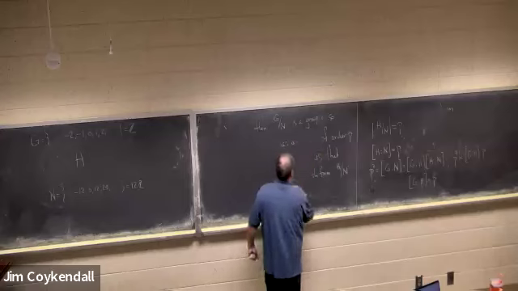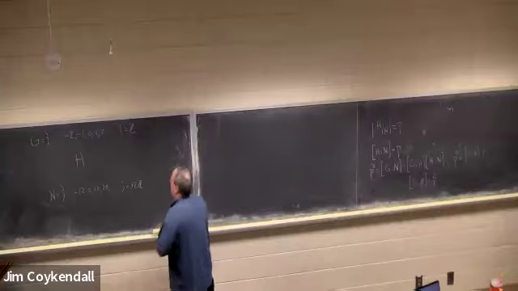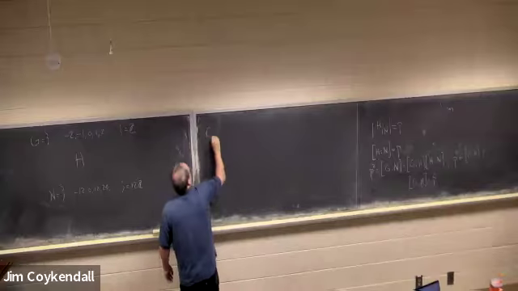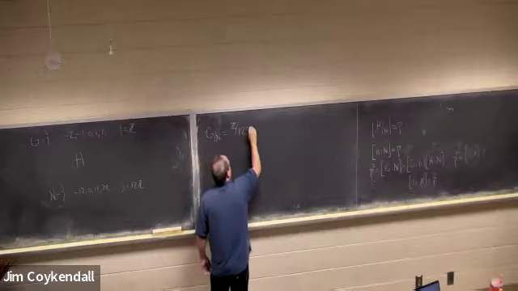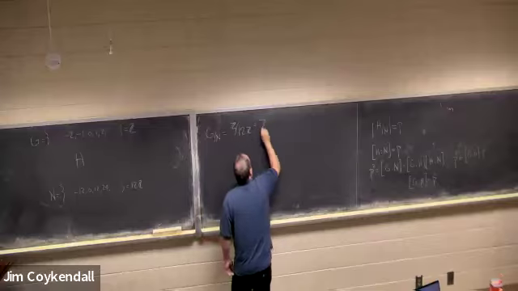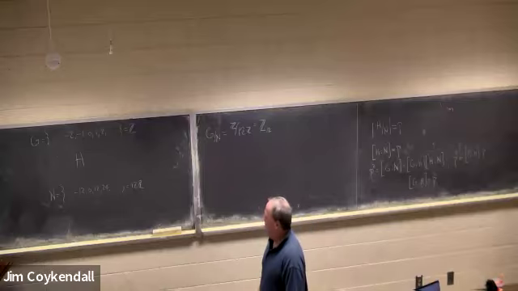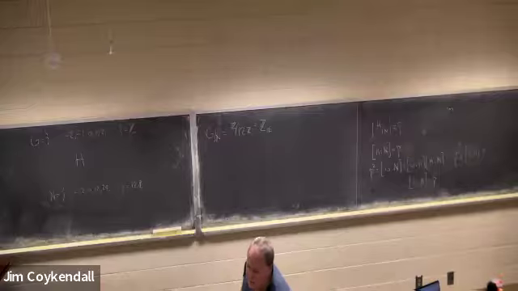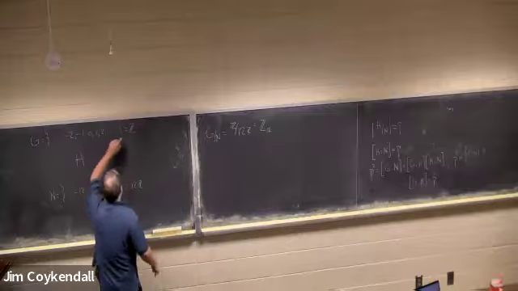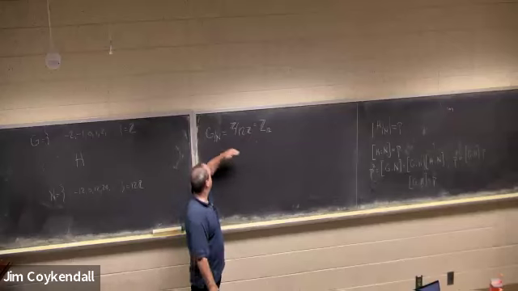Let's see if we can see how the correspondence works. H is an intermediate group, and every intermediate group you find between here and here corresponds to a subgroup of this quotient.